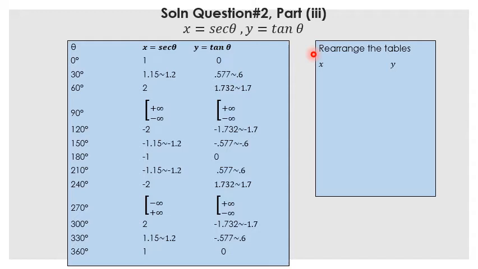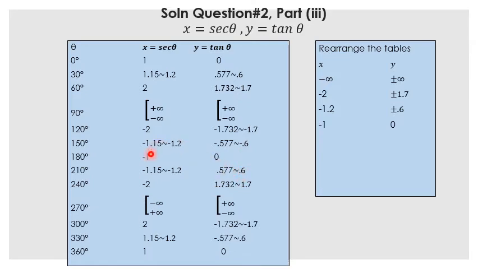So let's see. These are the values of x and y. At x equals minus infinity, the values of y are plus minus infinity. At x equals minus 2, y is minus 1.7 and 1.7. At x equals minus 1.2, the values of y are minus 0.577 and plus 0.577.